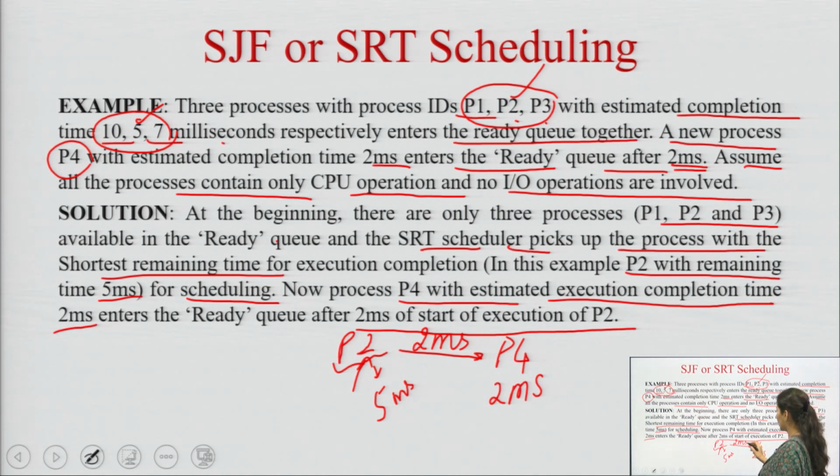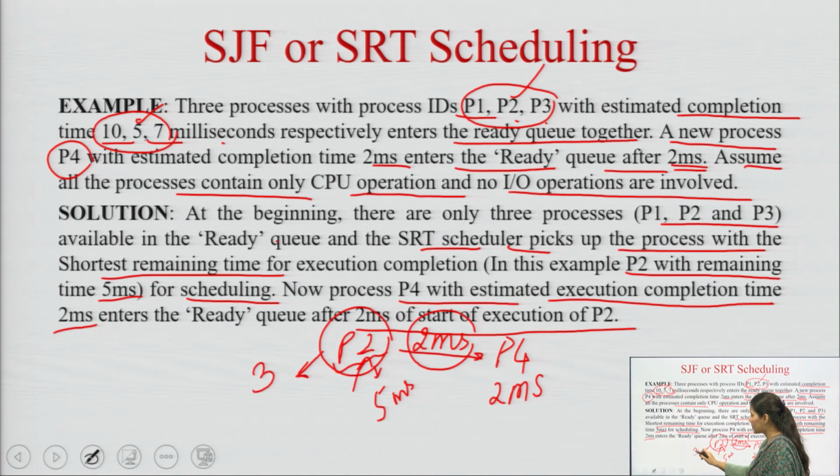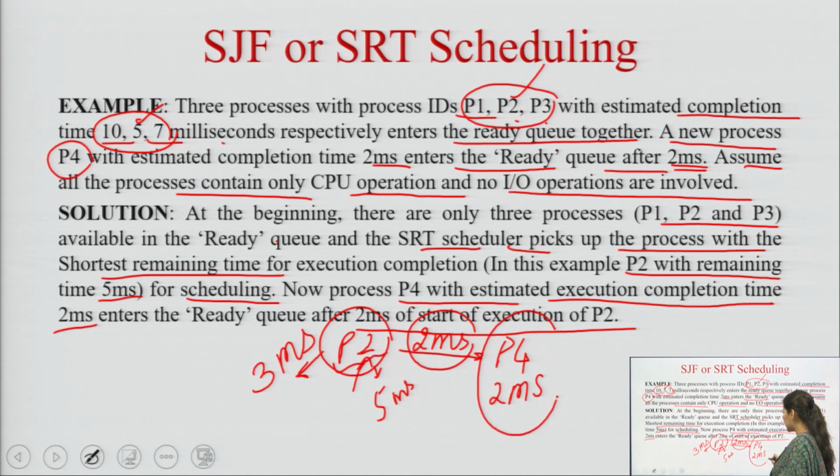Now, when P4 enters, the 2 milliseconds of execution has been completed. So, P2 is left with how much time of execution? 3 milliseconds. Now, the algorithm will compare the newly entered process with the remaining time of the task which was already executing.